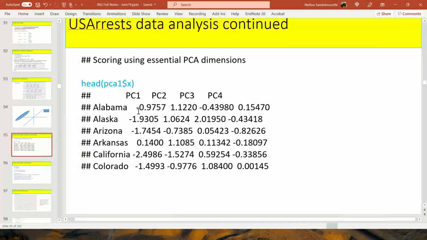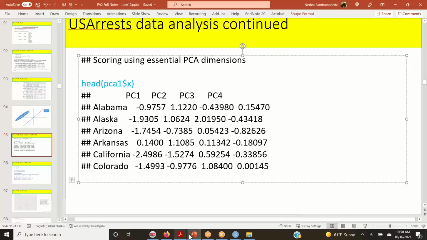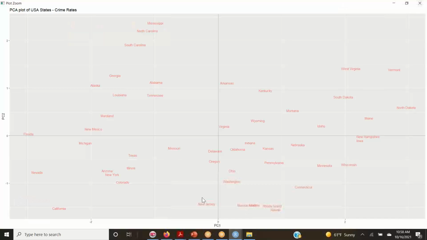I just showed you some examples, because you have to look at these values, PC1 versus PC2, negative or positive, but visualization is much easier for you. So you can find that PC1 is more negative here: New Jersey, Massachusetts, Rhode Island, California.